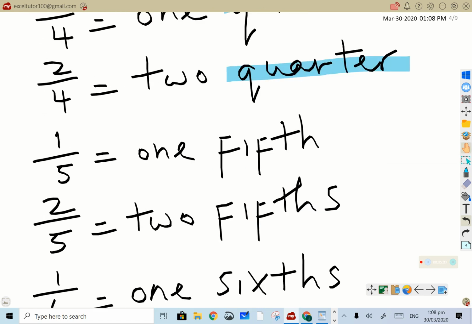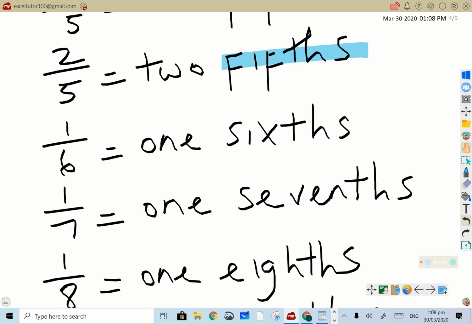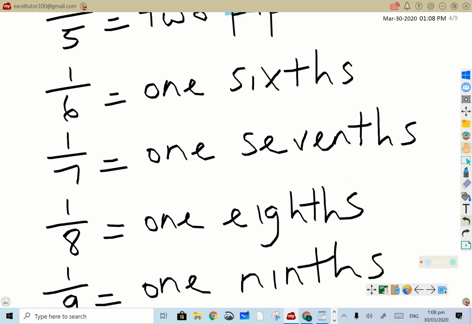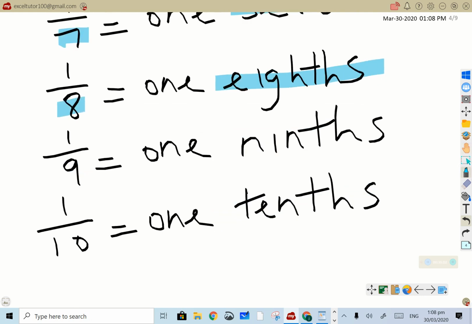Then with a denominator of 5, we have the fifths, denominator of 6, we have the sixths, denominator of 7, we have the sevenths, denominator of 8, we have the eighths, denominator of 9, we have the ninths, denominator of 10, we have the tenths, and so we keep going on. All right, so you have to know your word name as well.